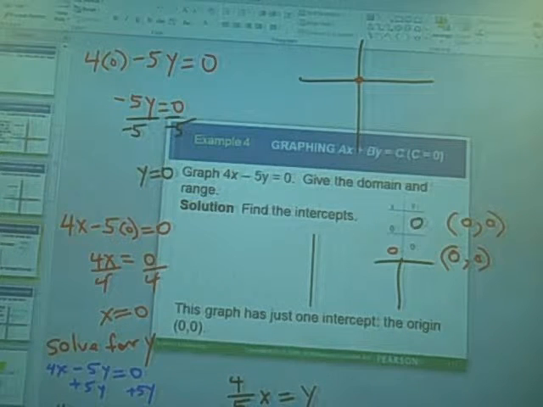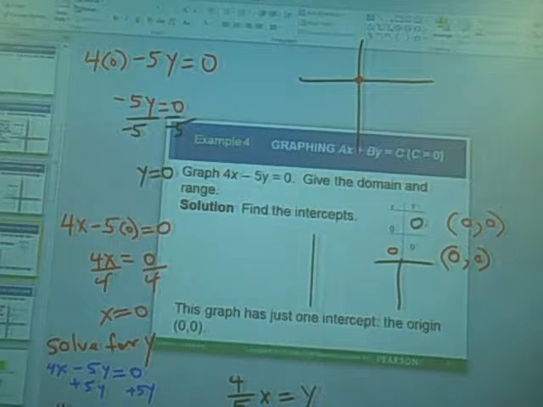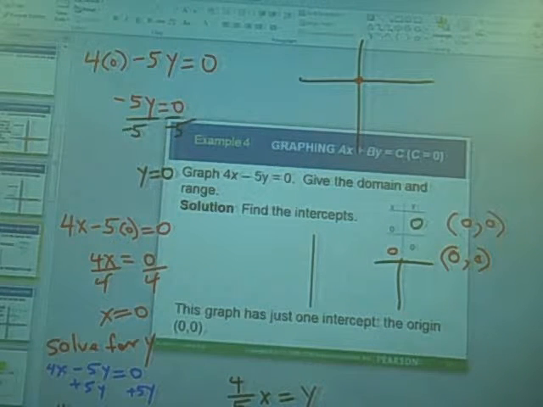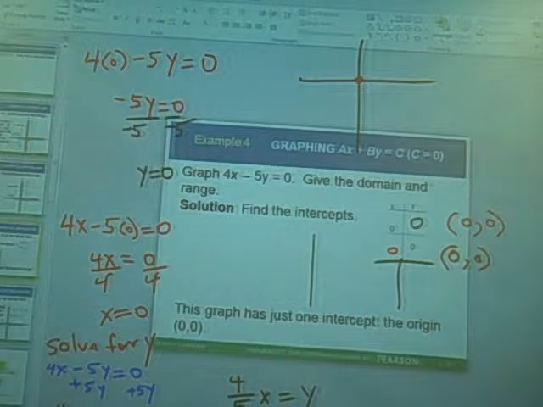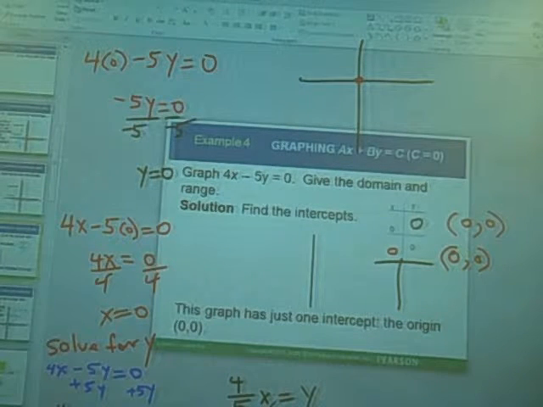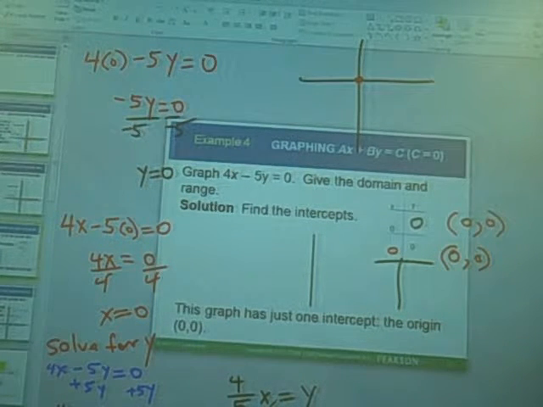We don't have to mess with a fraction. So what number could we use? 5, right.